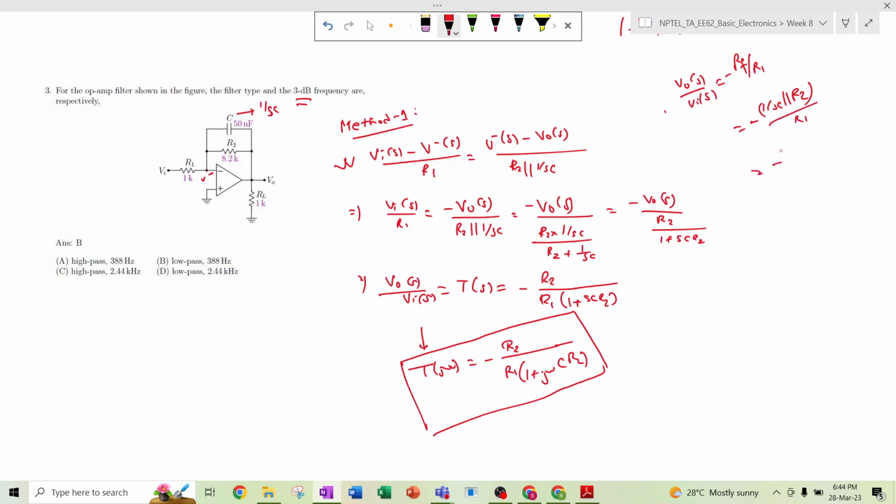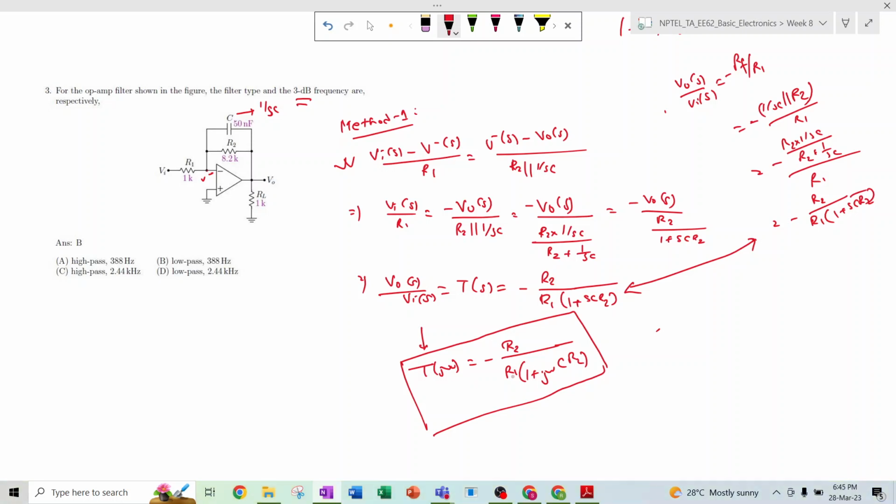So it equals minus R2 times 1 by sC divided by R2 plus 1 by sC, divided by R1. So it will be minus R2 divided by R1 into 1 plus sC R2. The same thing. So T of j omega is like this.